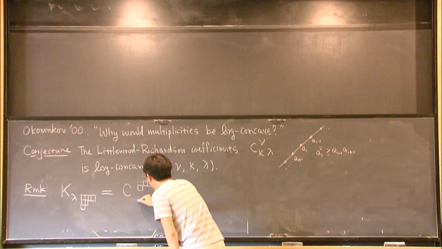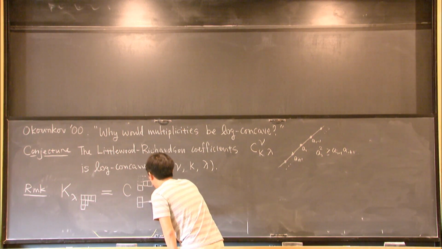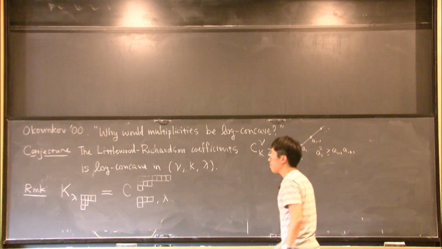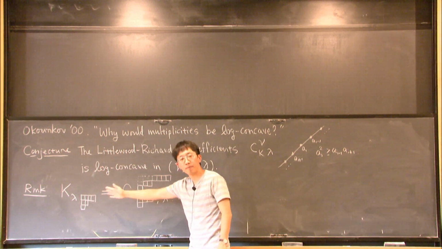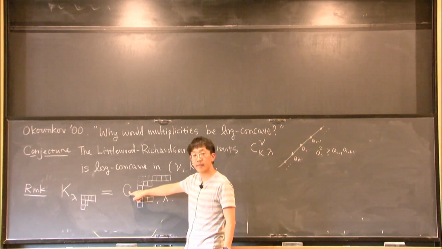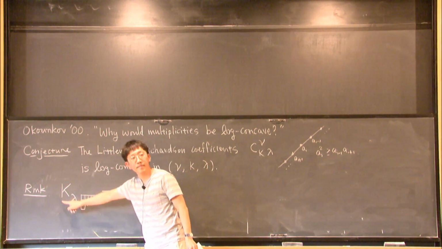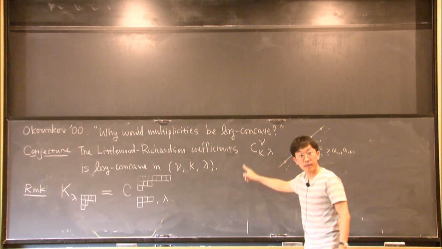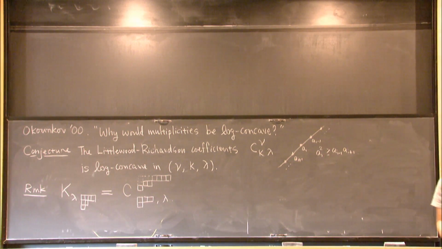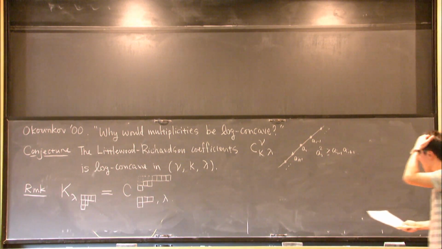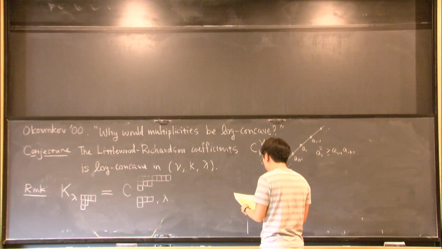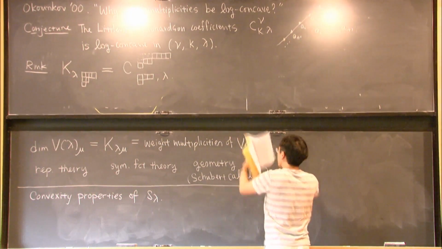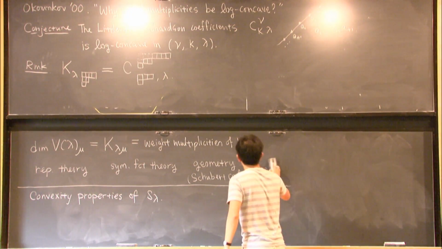And here I put these dotted boxes back again, and I keep lambda. So there is a linear transformation so that the restriction of C to a subspace is K. So this conjecture is actually stronger than the corresponding statement on log-concavity of weight multiplicities in our previous sense. But there are different aspects to this conjecture.